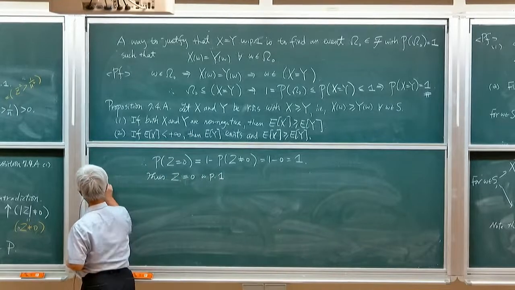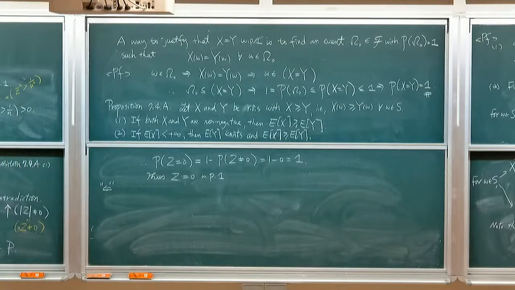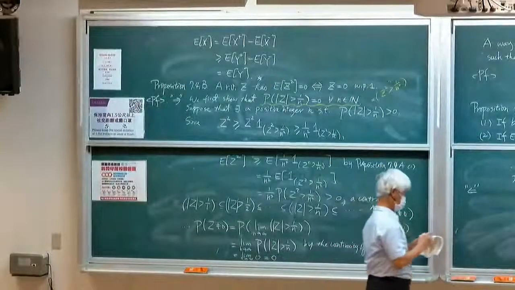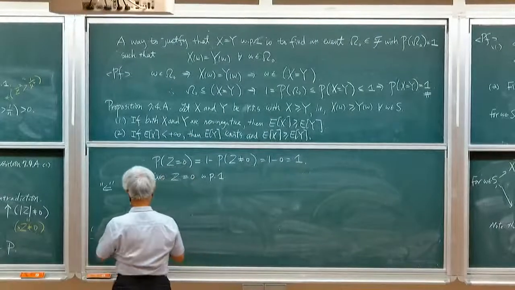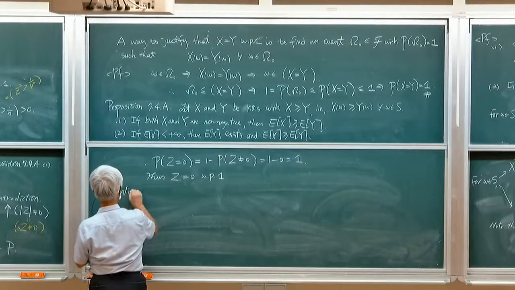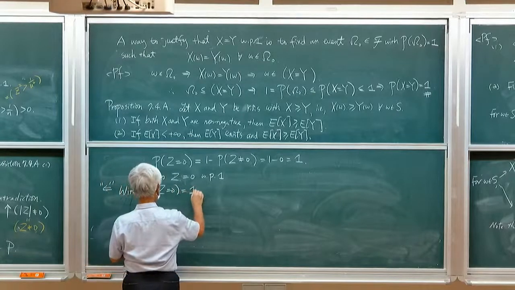Now the reverse direction. Suppose we assume Z is 0 with probability 1. Okay. So now the probability that Z equals 0 is equal to 1.